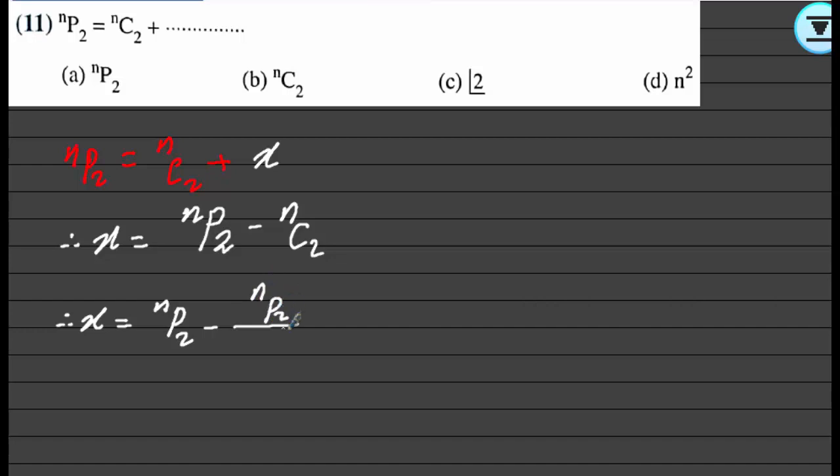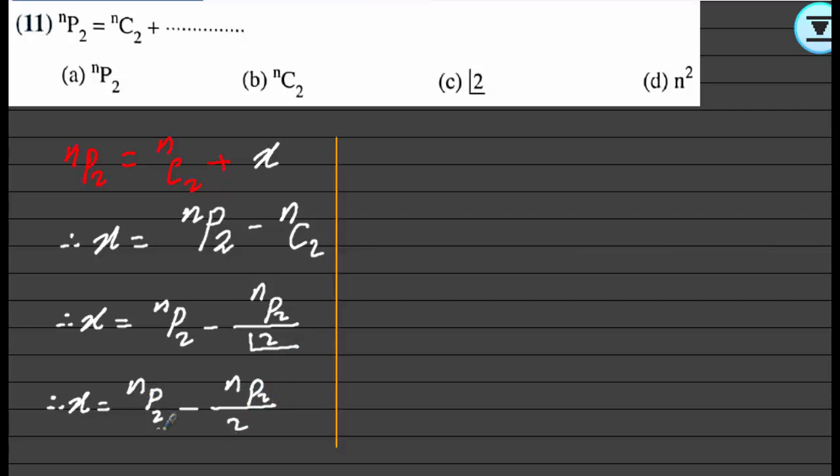So X equals NP2 minus NP2 over factorial 2, step by step.